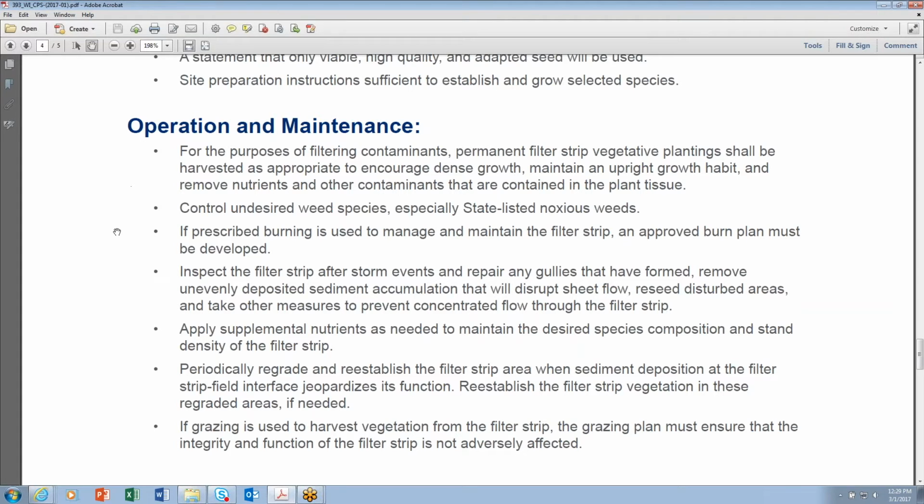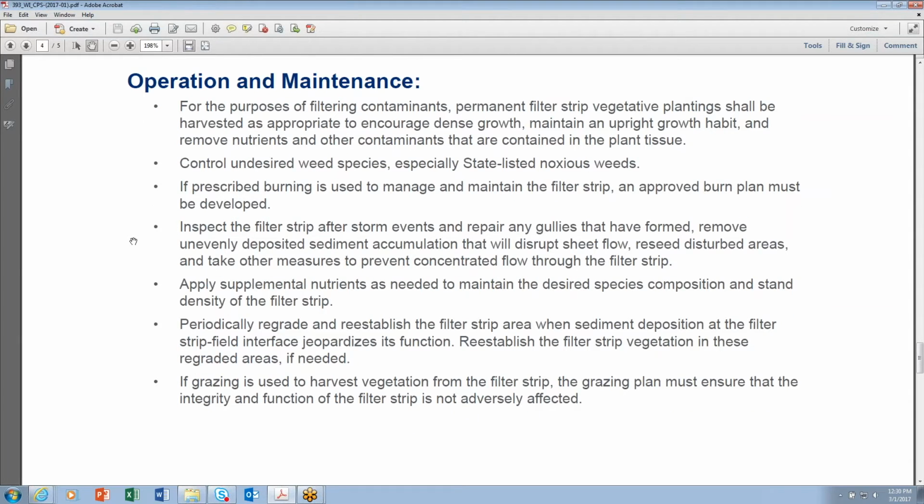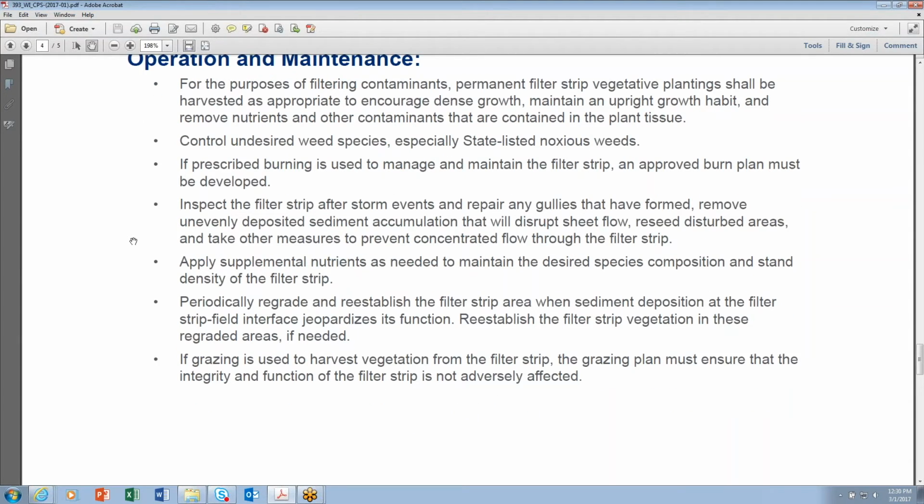We're looking at making sure that we're not allowing noxious weeds in it or any other uncontrolled weed species. We're prescribed burning it if it's needed. Inspect the filter strip after storm events, and this is something that's always critical to make sure that we don't have gullies establishing in it so we lose our value.